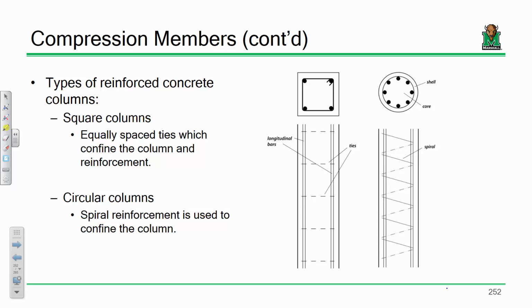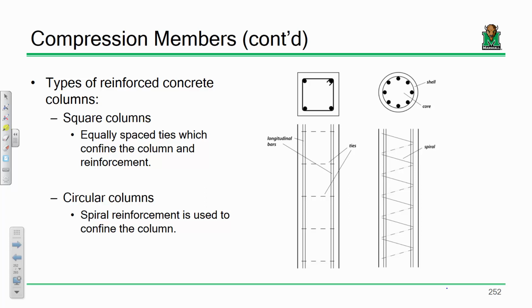What really dictates the behavior of the column is this transverse reinforcement. See, with a circular column, we have a bunch of bars going up and down the length of the column, and then we have this spiral reinforcement that goes down like this, okay?